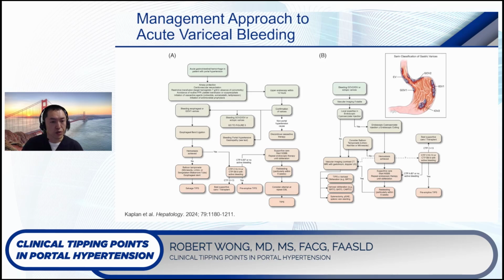And these would include resuscitation, vasoactive agents, antibiotics, and early investigation with endoscopy and hemostasis. The other key point here, which is illustrated in the little figure to the top right, is location. Location of the varices and the type of varices can help guide the subsequent approach to continued management of bleeding and prevention of recurrent bleeding.